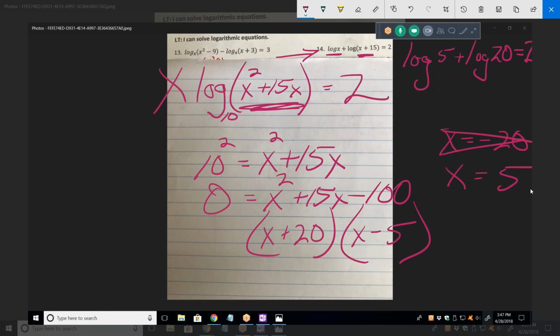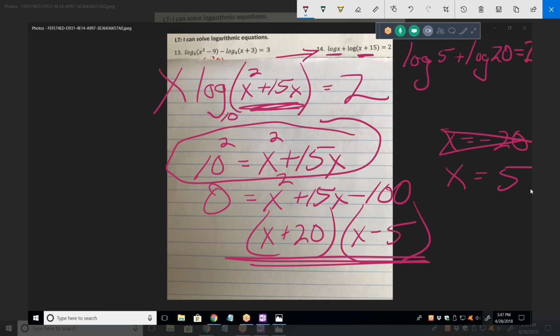But this is a perfect example where I ended up with a quadratic, so I know I'm getting two answers, and I'm almost 100% sure that one of those answers is going to violate the original domain restriction. What's extremely important here is that you don't test them on your first step. Test them on the original.